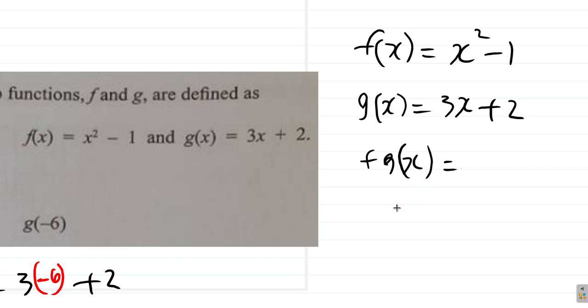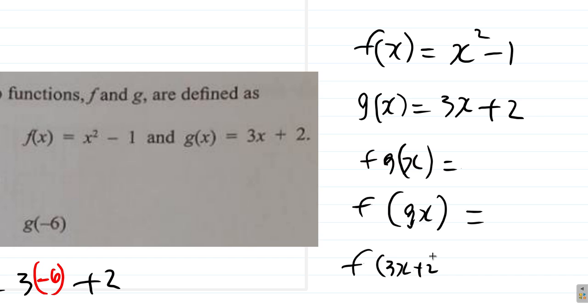You see, fg of x is really f of something. f of what? g of x. So you're going to put g of x where x is. So f of g of x is f of 3x plus 2. You're going to change x to 3x plus 2. So it's going to be (3x plus 2) squared minus 1. See that?